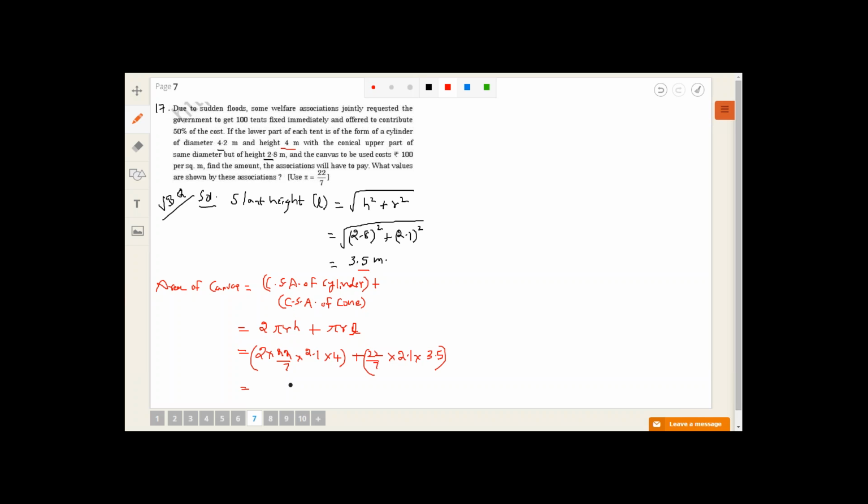So this is calculated as 6.6 into 11.5 meter square.